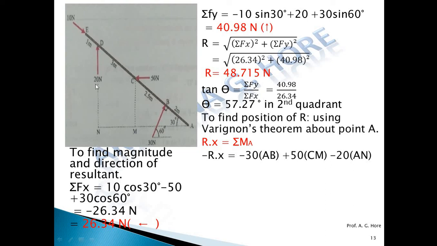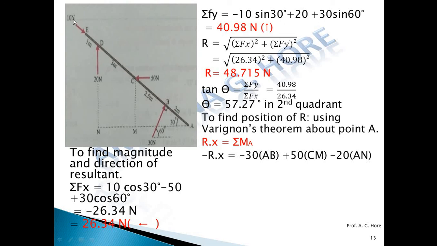So for this vertical force, the horizontal is the perpendicular distance, An is the horizontal distance, because the force is vertical and this line is horizontal, meeting at 90 degree. That's why for the vertical force, the horizontal An is the perpendicular distance.